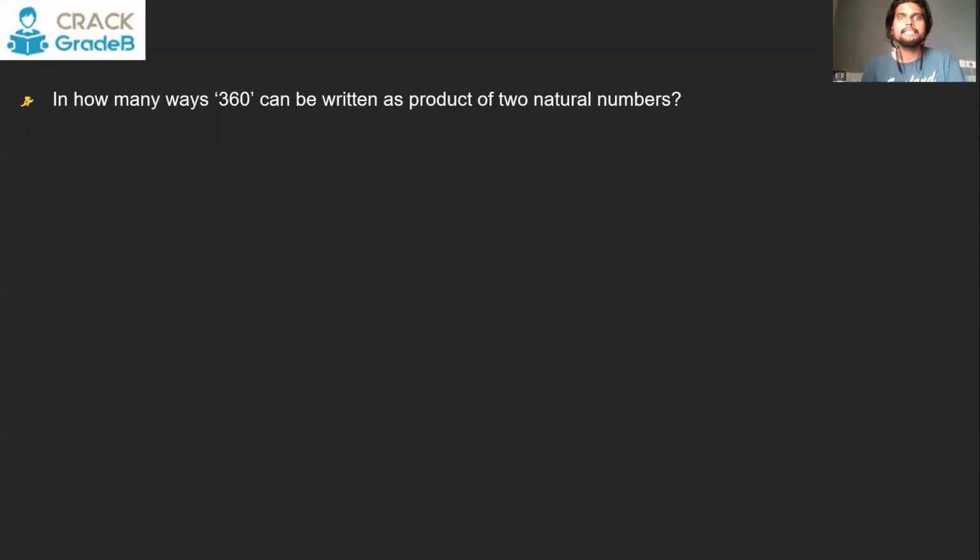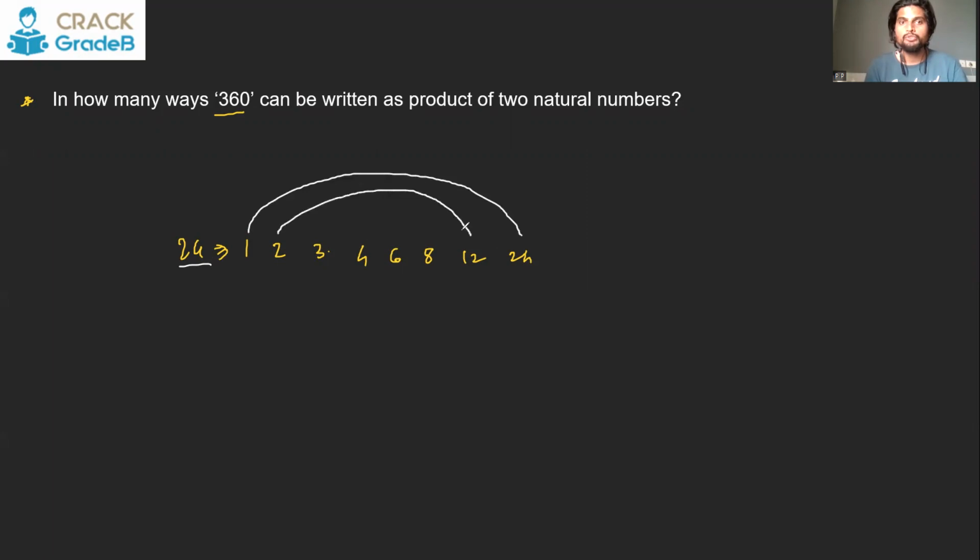In how many ways can 360 be written as a product of two natural numbers? I'll take the example of 24 again. 24's factors are 1, 2, 3, 4, 6, 8, 12, and 24. So if I ask you how many ways 24 can be written as a product of two numbers, we can write 24 as 1 into 24, 2 into 12, 3 into 8, 4 into 6.